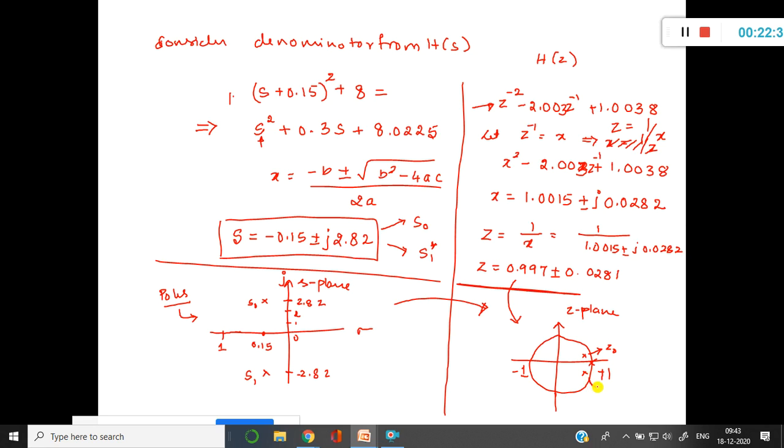This is z0, this is z1, which is the complex conjugate of z0. That's it, right? This is called mapping of poles from the S to Z domain. That's it, guys. Okay, are there any doubts?